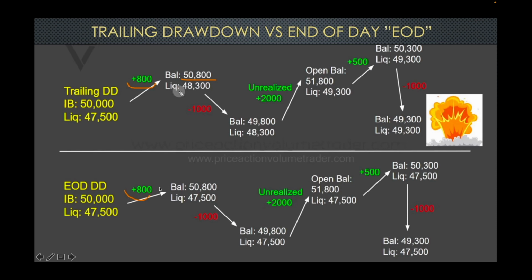So if you gain $1,800, now you can lose $1,800 instead of $1,000. You lose that $1,000, now you can only lose $800, and it closes your account. Even though you have this 47.5, if you lose another $800, it closes your account.